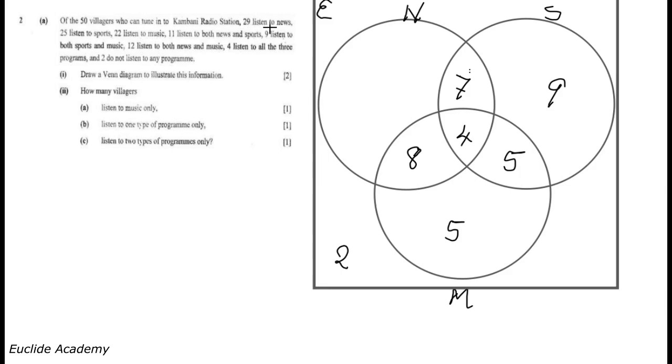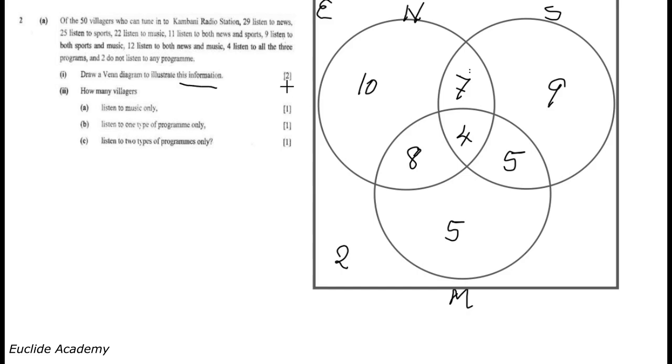And then here we have those who listen to news, 29. Here we've got 12 plus 7, that gives us 19. Then we subtract 29 minus 19, and we should have 10 right here.